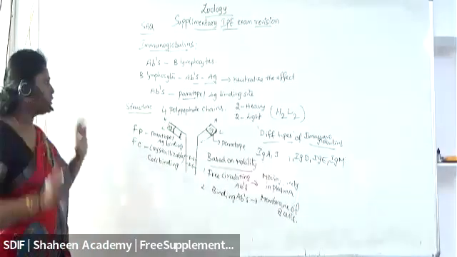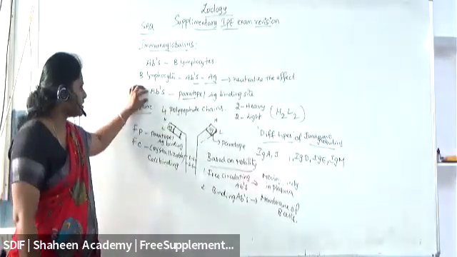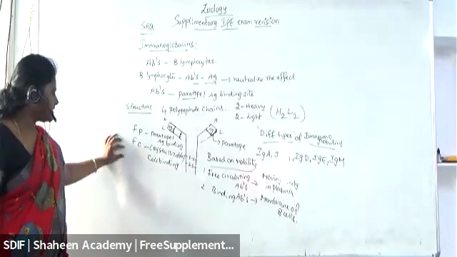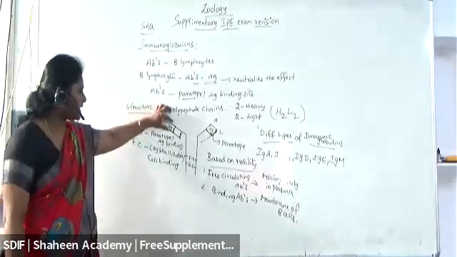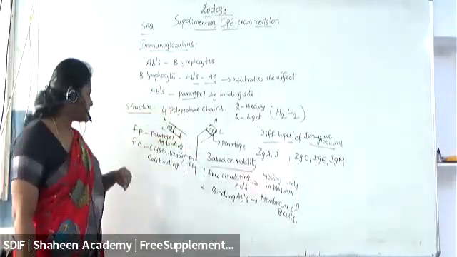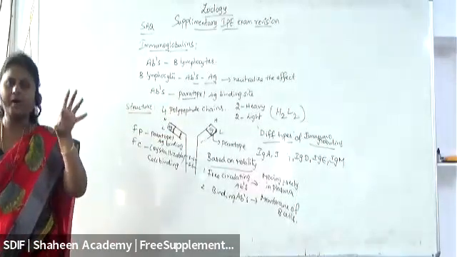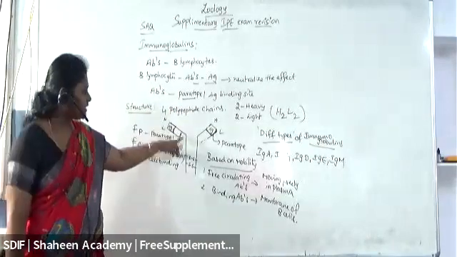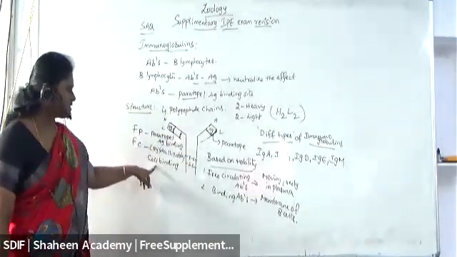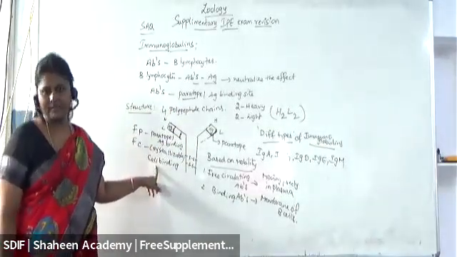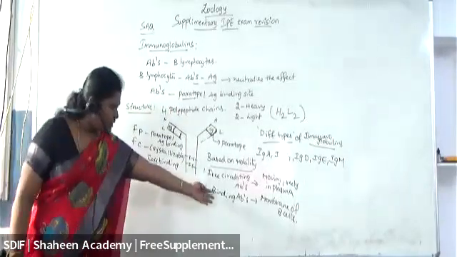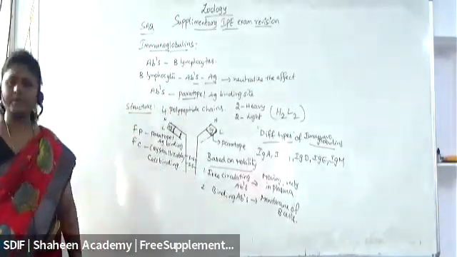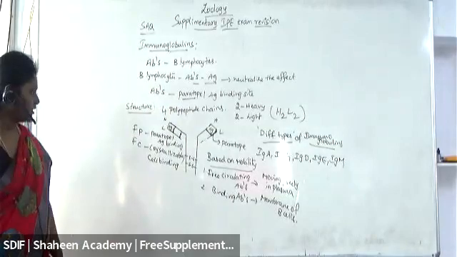And there are two sites in antibodies: the FP site and the FC site. The FP site is the paratope or antigen binding site, where that part binds to the antigen. The remaining part is the FC region, the cell binding region, which sticks to the membrane of the B cell only, as I told you.